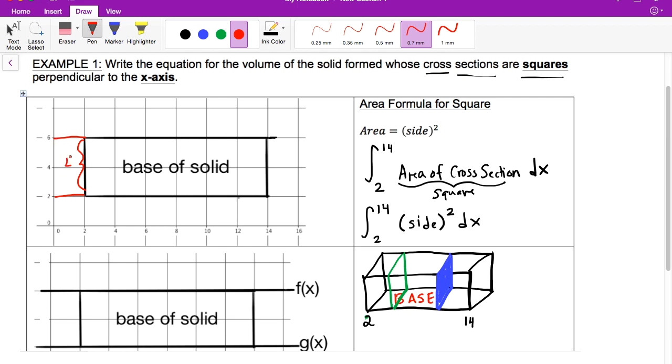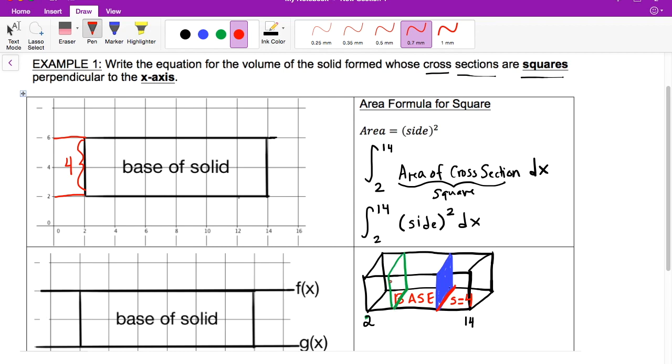Therefore, the side length of each square cross section has to be the difference between 6 and 2, which is 4. In this diagram, we'll use this specific cross section as an example. This represents the side length of the square cross section, and we figured out from the graph that its length is 4.